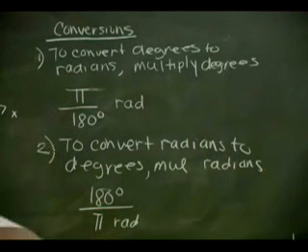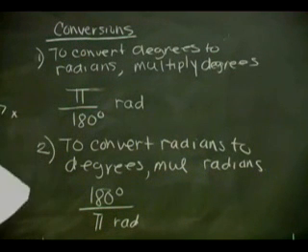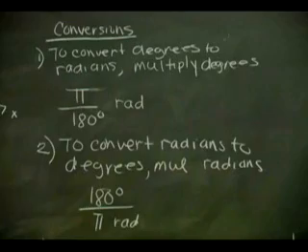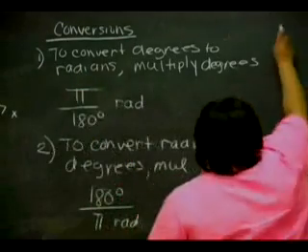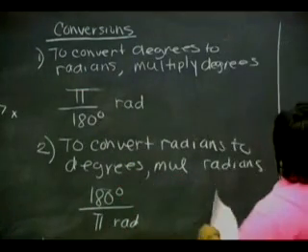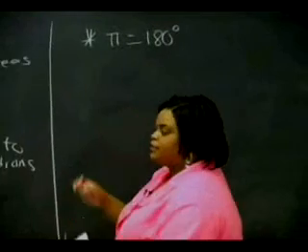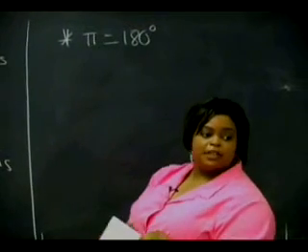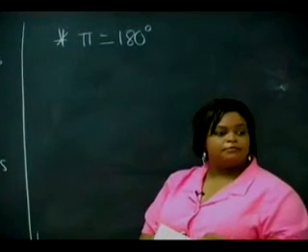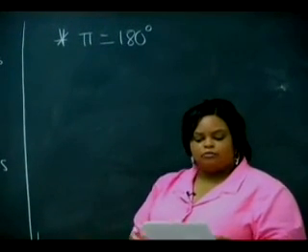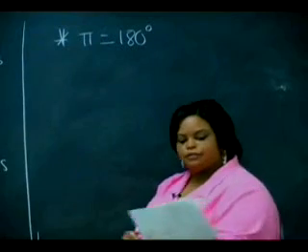Why do we use this, pi over 180 and 180 over pi? We use this because pi is 180 degrees. Pi is 180 degrees. So, let's look at some examples of conversion.